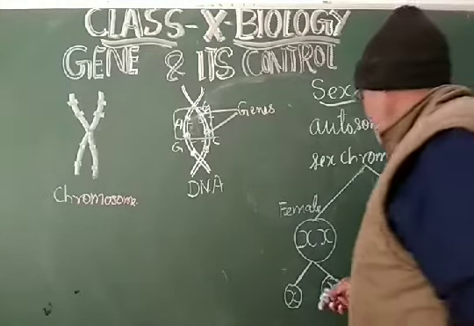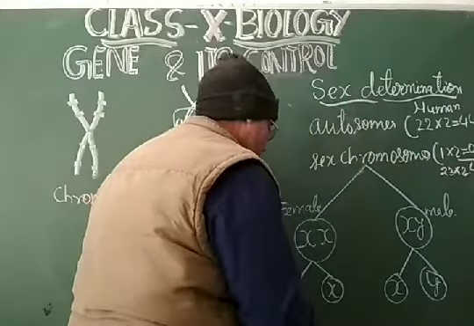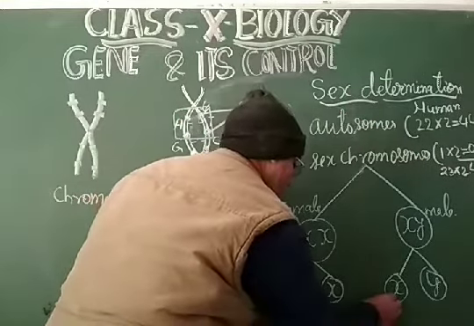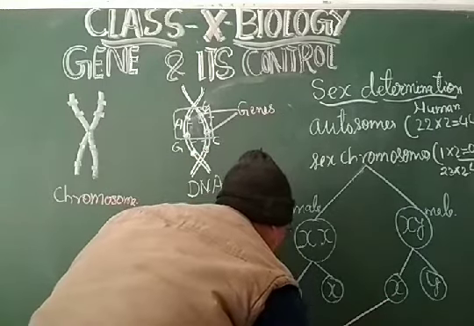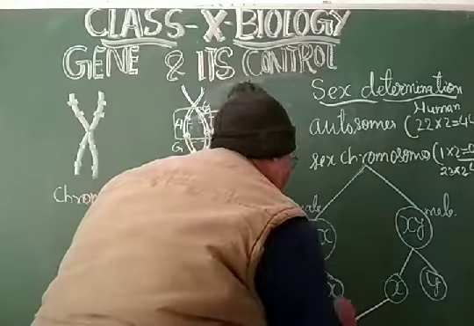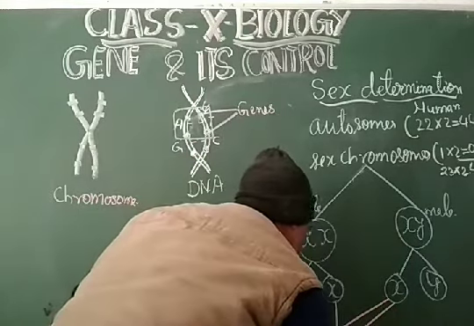Suppose this X gets combined with this, then there will be a female child. If this X gets combined with this, then also there will be a female child.